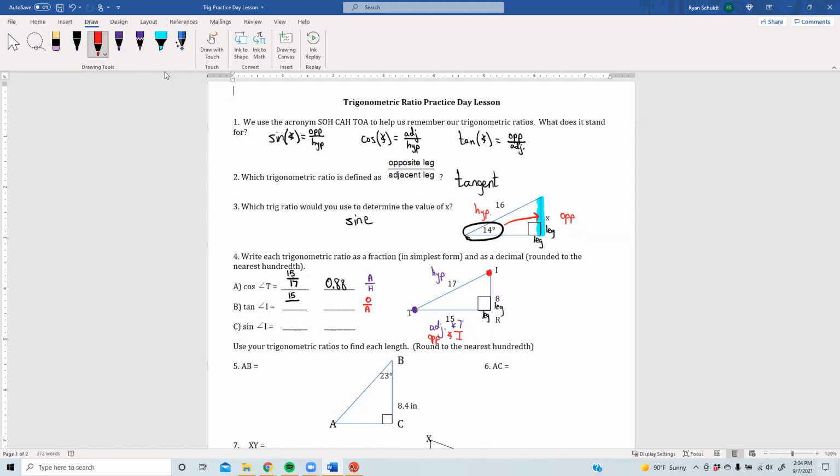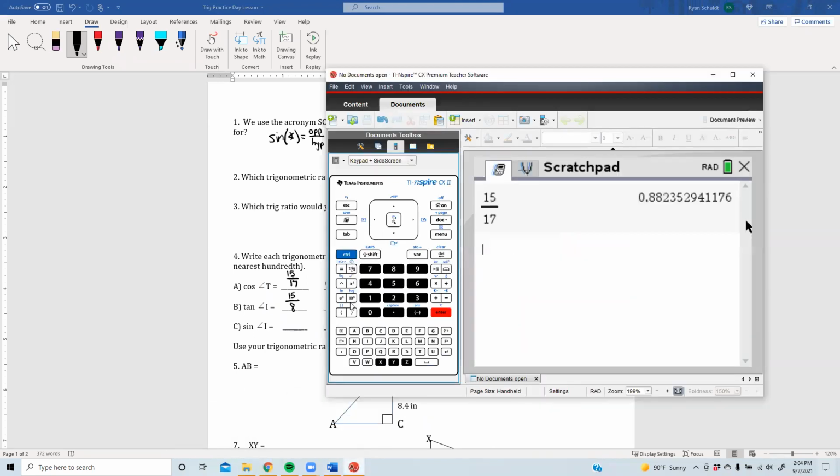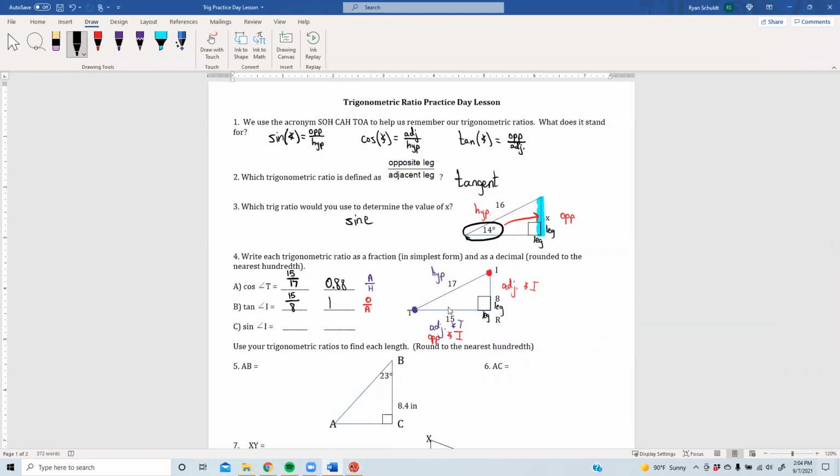Which leg's adjacent to angle I? That would be the 8. So 15 over 8. 1.88 in this case is our tangent.